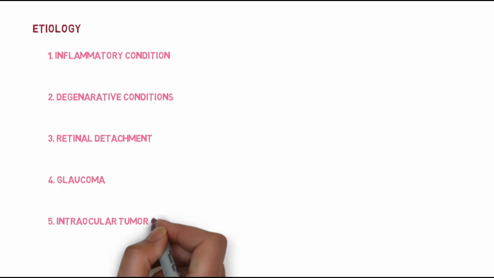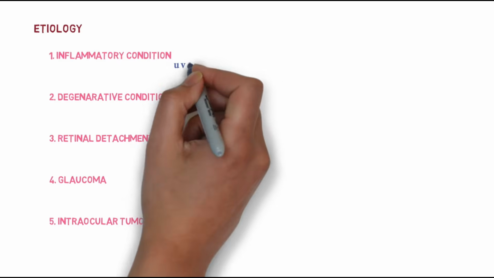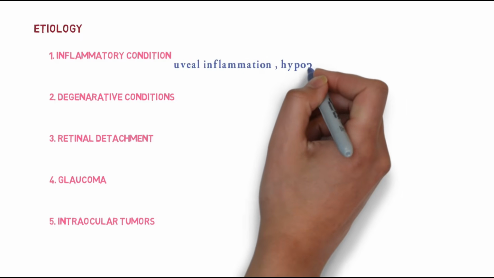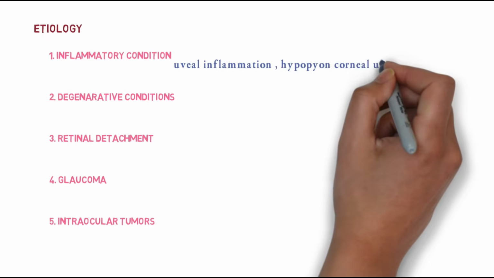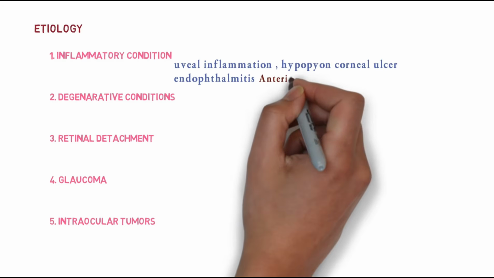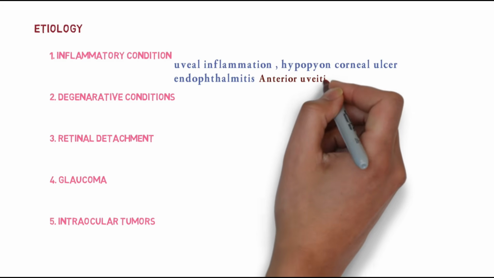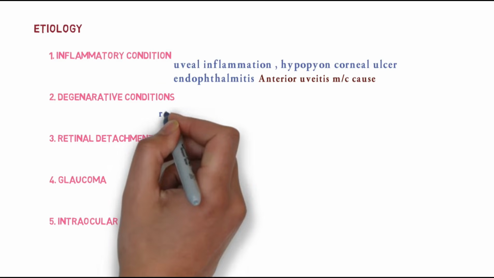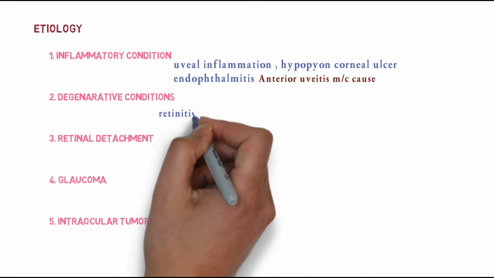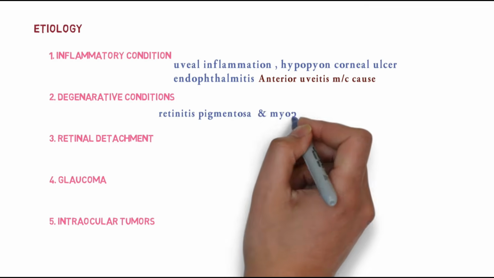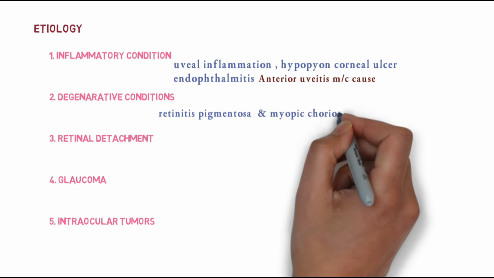Inflammatory conditions like uveal inflammation, hypopyon corneal ulcer, endophthalmitis, and anterior uveitis. Among these, anterior uveitis is the most common cause. Remember that it may be asked in your exams. The second one, degenerative conditions like retinitis pigmentosa and myopic chorioretinal degenerations, can cause secondary cataract.